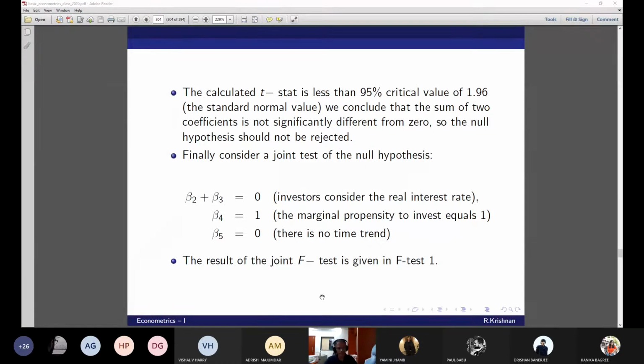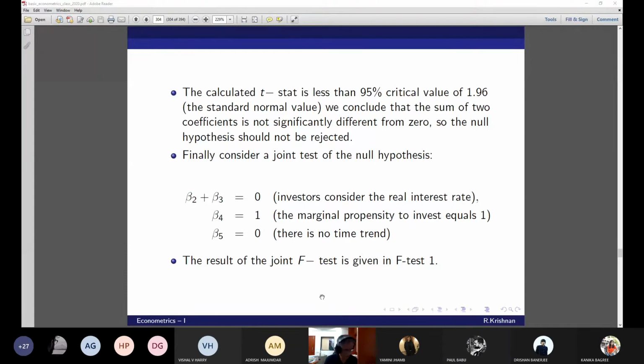Okay, now see the contradiction. F clearly rejects it, but the individual T stats tell you only the second and third null hypotheses should be rejected. Can you say this? The joint test clearly rejected the null, isn't it?